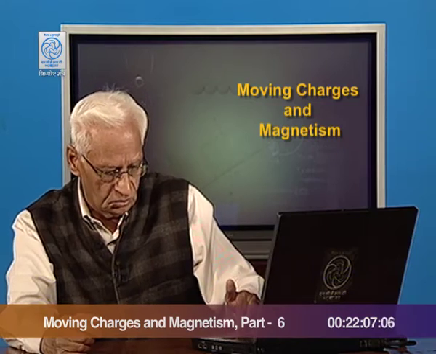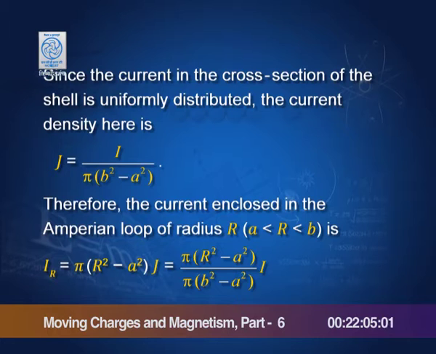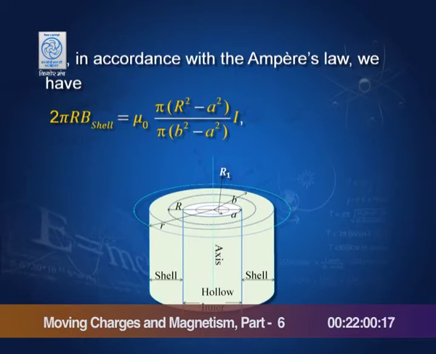This is the expression which we shall use, and because of symmetry the field must be constant. Therefore, 2 pi r times B in the shell is equal to mu 0 times the current enclosed.